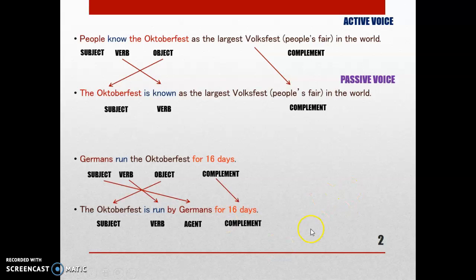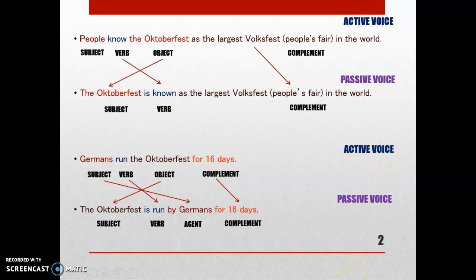All right, so this is what we call active versus passive voice. The original versions of the sentence that we saw are in the active voice, and the new versions are in the passive voice.